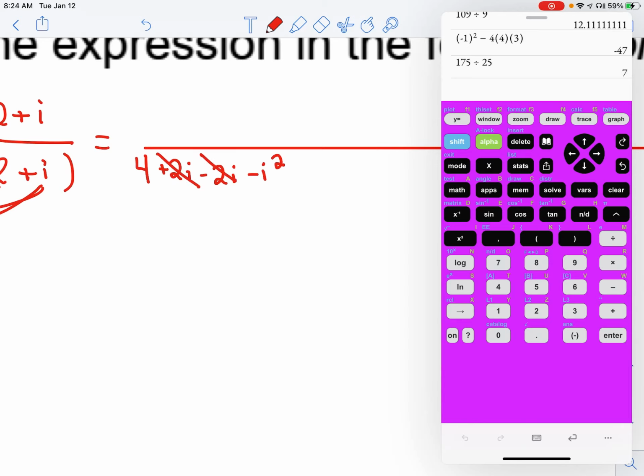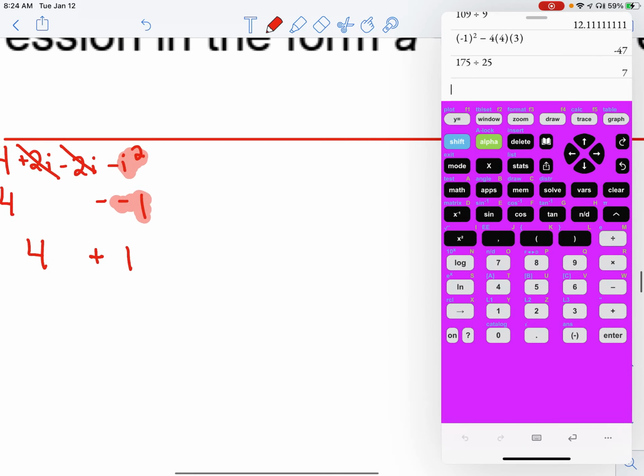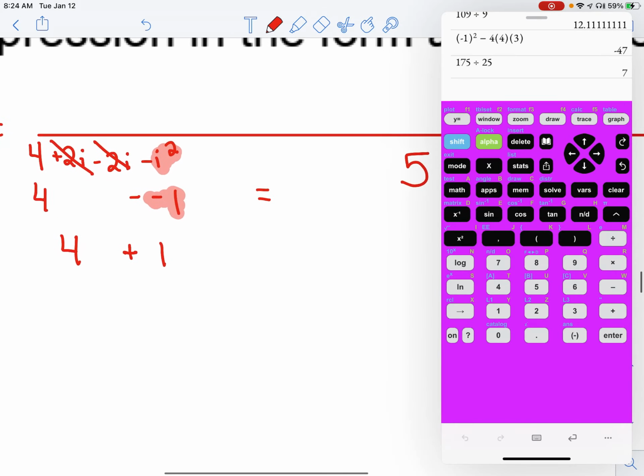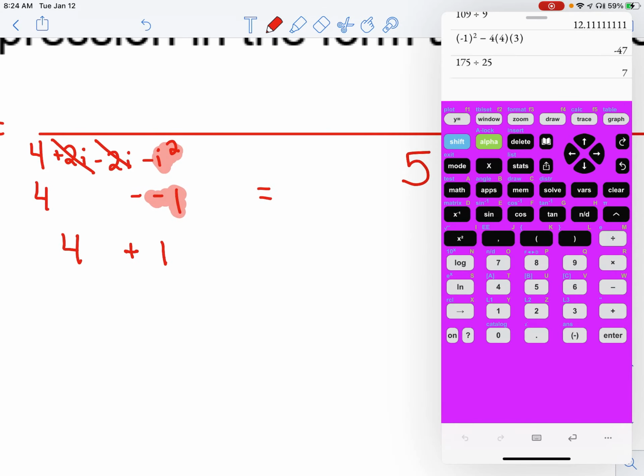And this is really 4 minus negative 1. Remember, i squared is negative 1. So that's really 4 plus 1. So the entire denominator turns into a 5. You might want to replay that video just so you can make sure you remember that.